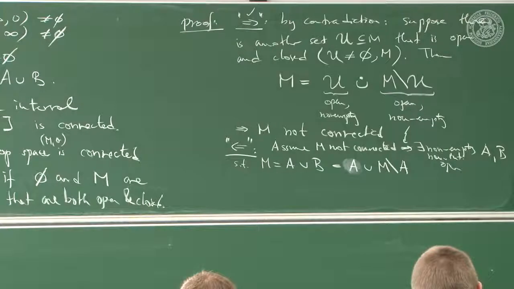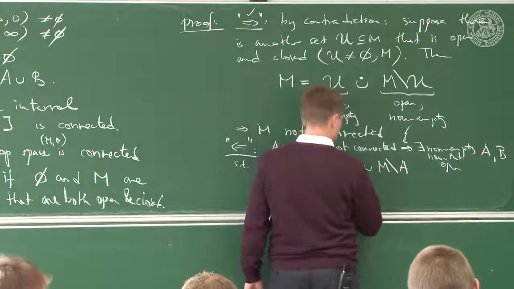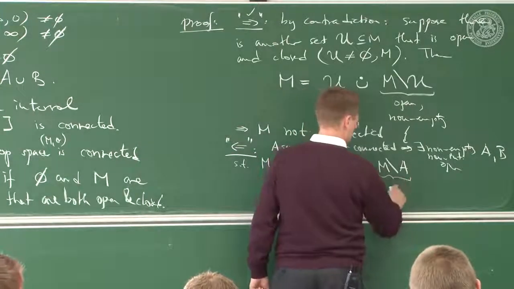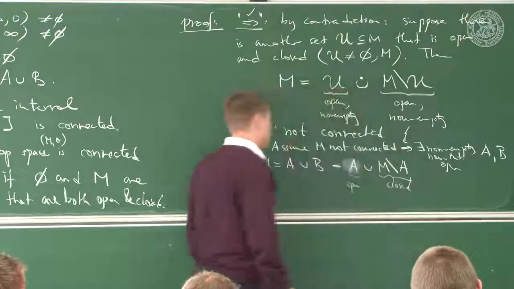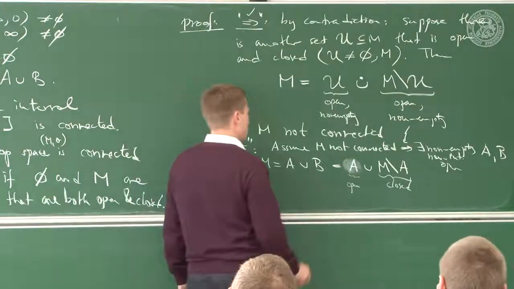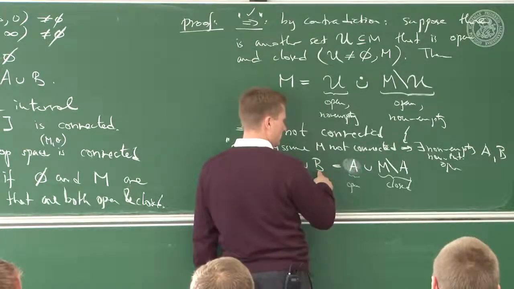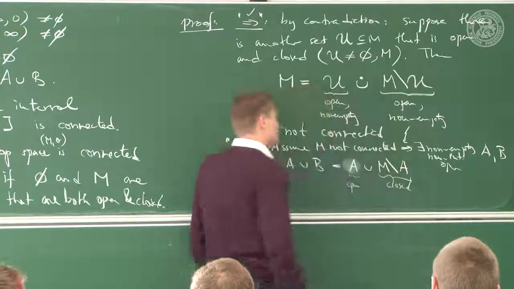So we wanted to show that there's another set. Now A is open, hence M without A is closed. But because A is non-empty and B is also non-empty, A cannot be the entire set.